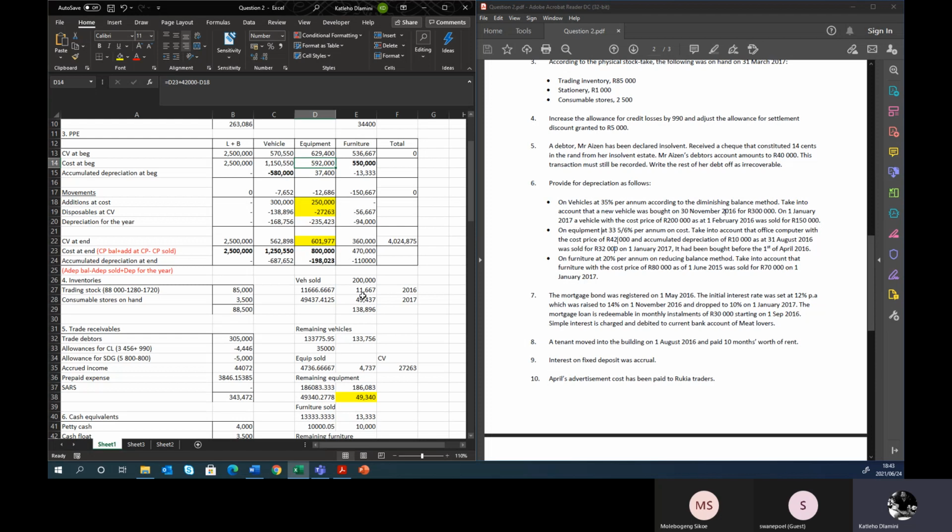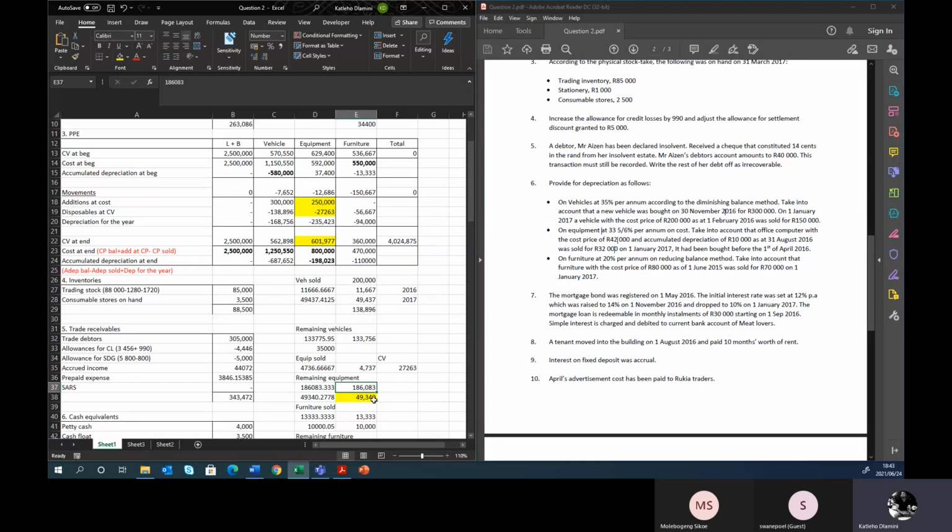I will do the same for my depreciation once I have my depreciation for the year. Okay, so now that I have my cost price, I come over here, I put my cost price of 592,000, right? I'm going to subtract the cost price of the thing that we sold. Remember that 42 here, close brackets, multiplied by the percentage, and I get the depreciation for the year, right?